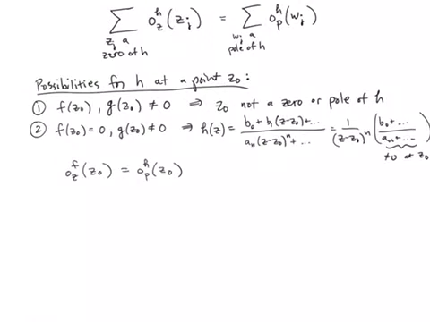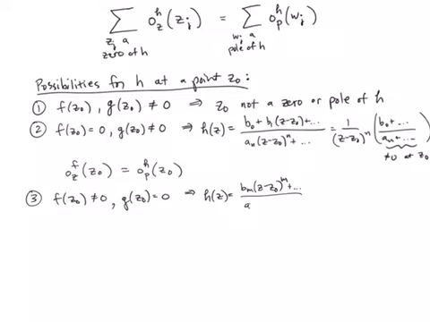The third possibility is the other way around, so f at z naught is not equal to 0 and g at z naught is equal to 0. In that case, it's just sort of flipped around. So you have a 0 of some order, let's say m, so you have b_m (z minus z naught) to the m plus dot dot dot.